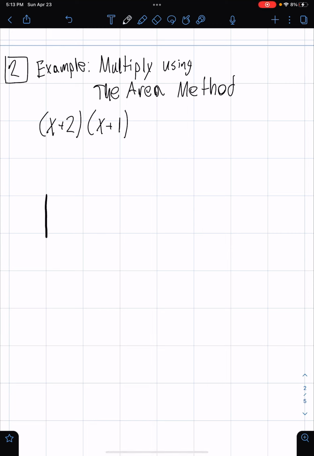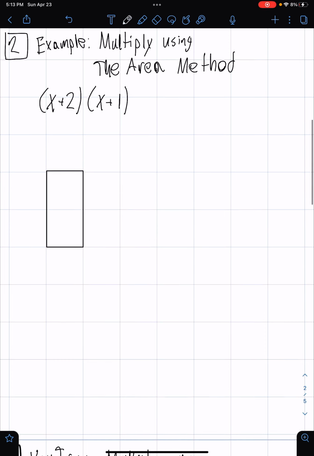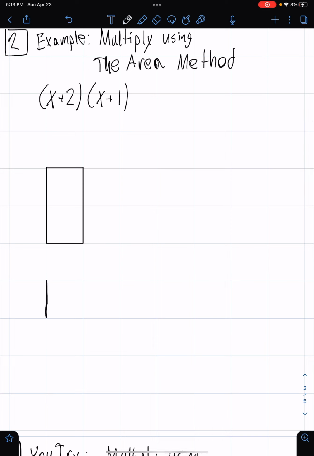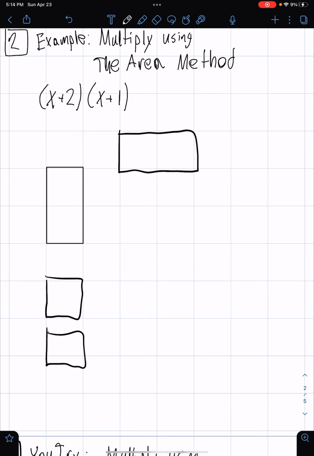Here, this would be our x plus 2, and then over here this is our x plus 1.